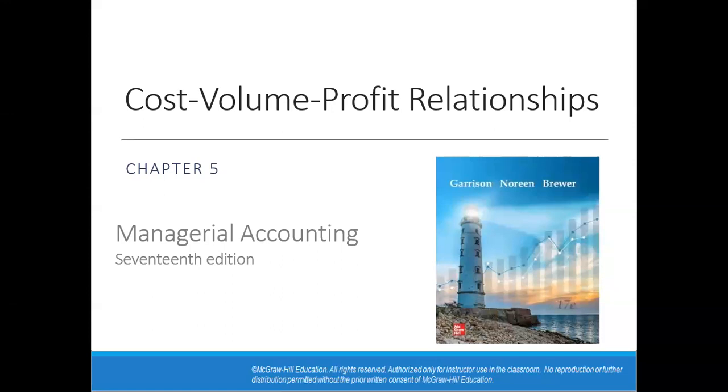So we see that by changing the sales volume, we can make sure that we are covering our cost.